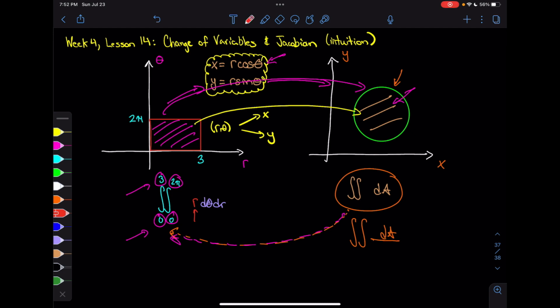So we have been working with, I'm going to start putting a word to it, a transformation that takes us from r theta, right? It takes a really nice rectangular region. We use the transformation given by x is equal to r cosine theta, y is equal to r sine theta. It gives us a circle, right? It transforms this rectangular region here into a circle over here.